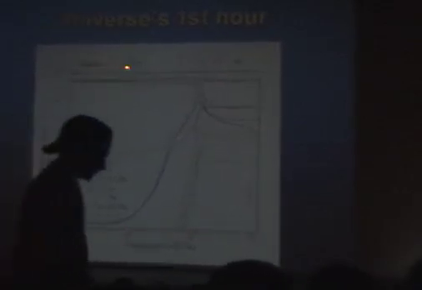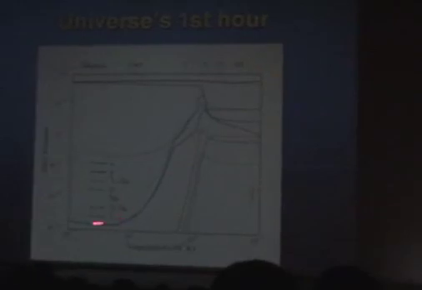So I have put a time scale here and temperature here. As the universe cools, you see it takes this time to cool. And what is being plotted here is the relative proportion of the different particles that I've been describing to you, how the proportion of them changes as a function of time.